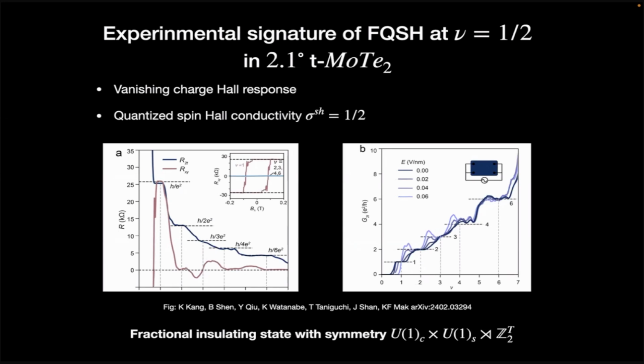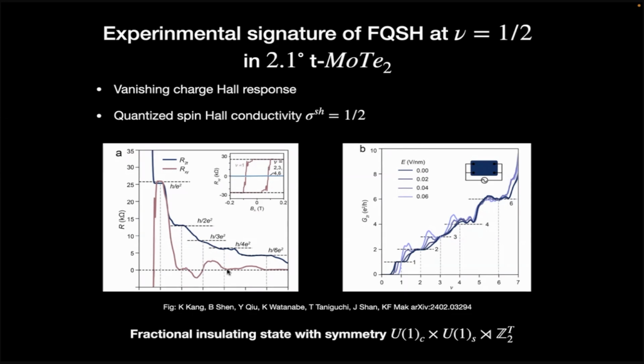Recently, experiments have shown that at half filling, where the filling is with respect to the topmost unfilled band, so the total filling may not be 1/2, but for the topmost unfilled band the filling fraction is 1/2, and in 2.1 degree twisted molybdenum ditelluride, it was observed that the system has vanishing charge Hall conductance, and a quantized spin Hall conductivity of value 1/2.